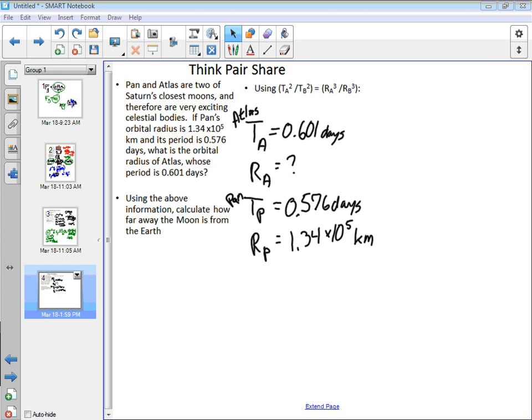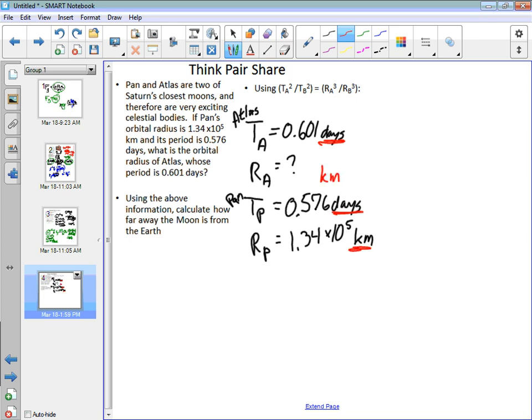Now, let's talk about units for just a moment. As we can see, this is in days, as is this in days. As we mentioned just a moment ago, it doesn't really matter what the units are, because this is a ratio. They will end up canceling each other out. These units are in kilometers, so whatever number I end up getting as the orbital radius for Atlas will also be in kilometers.